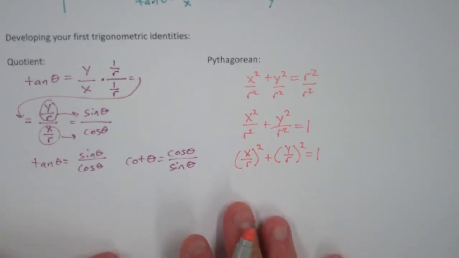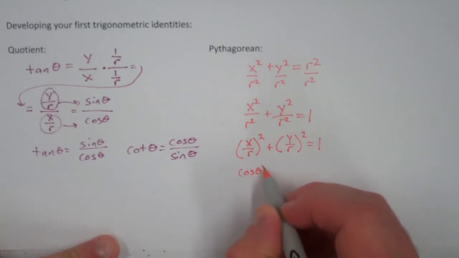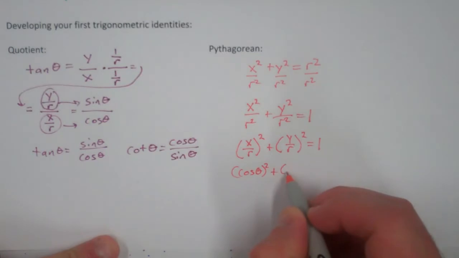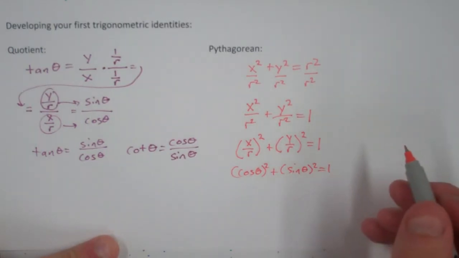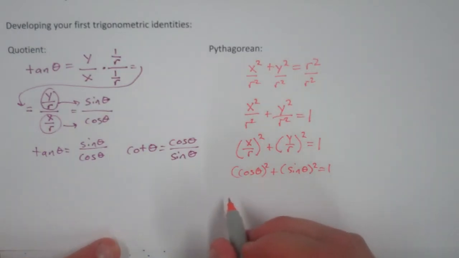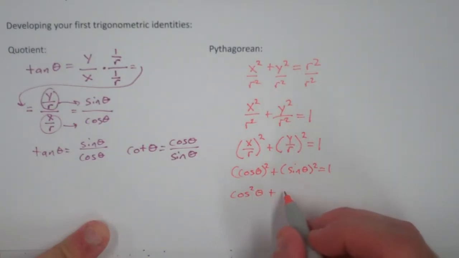we can now substitute in the cosine of theta and the sine of theta here, and that's equal to 1. This is normally written like this, with the 2 next to the cosine. These are the same thing. They mean exactly the same thing.